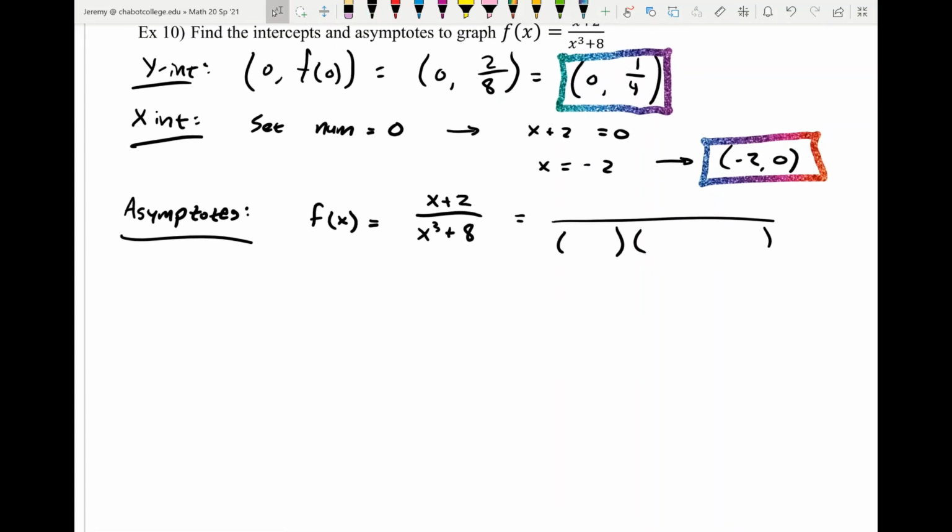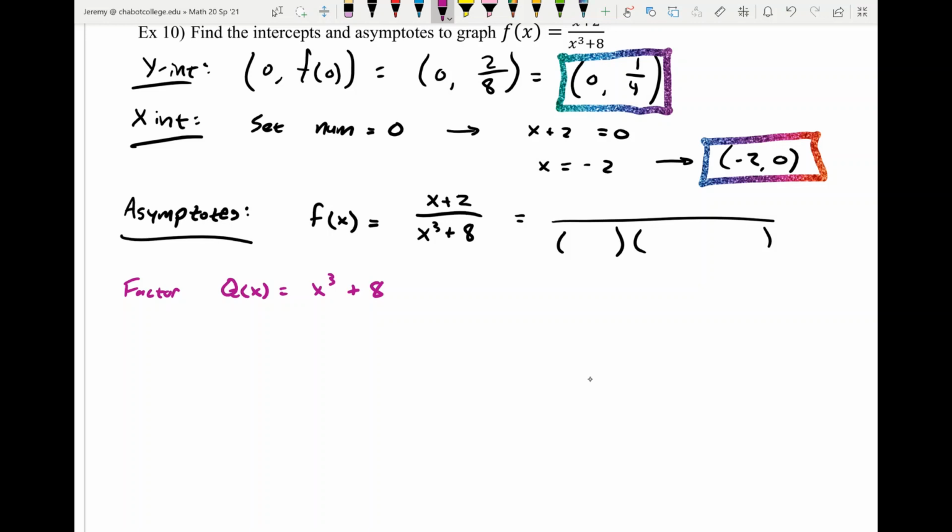So to factor the denominator, I'm going to basically use synthetic division to try and guess a 0. So let's factor the denominator real quick. So I'll just do this over here. So factor q of x, which is equal to x cubed plus 8.